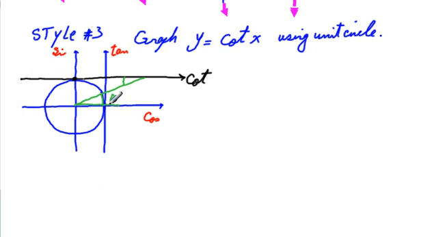Alternate interior angles. That would be theta. You have two parallel lines and a transversal, so this angle and that angle are the same. Now, pay attention to the following triangle. Okay, let's just color it all.